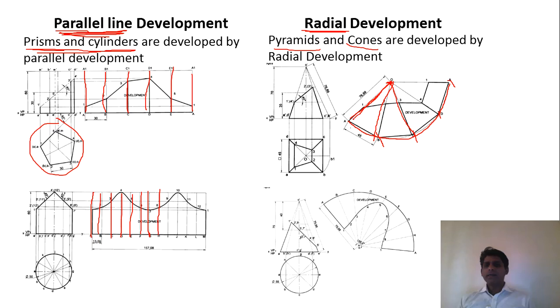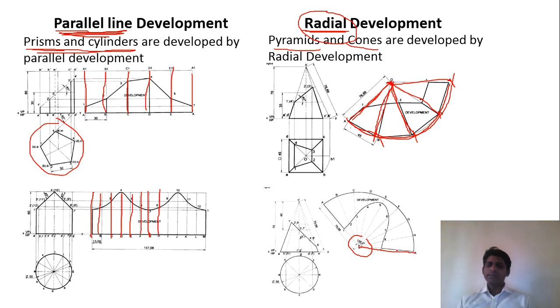So you can see that all these lines are radii of this particular circle that I will be drawing. So this is called radial line development. This is a square pyramid. This is a cone, wherein we have to actually calculate the angle here.